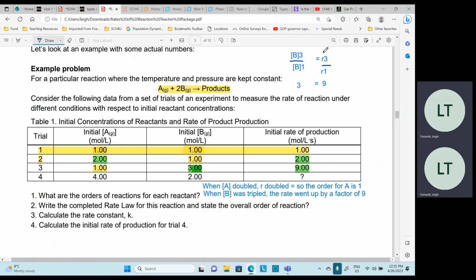So how do these compare? They compare exponentially. The concentration changed by a factor of 3, and the rate changed by 3 squared.